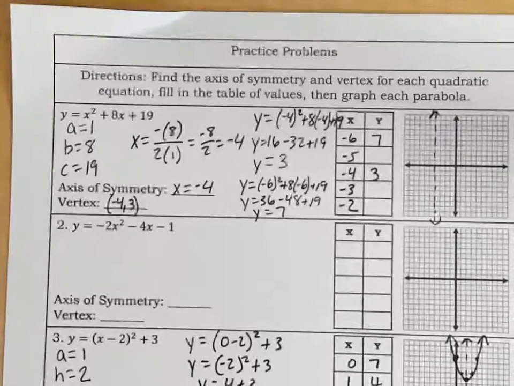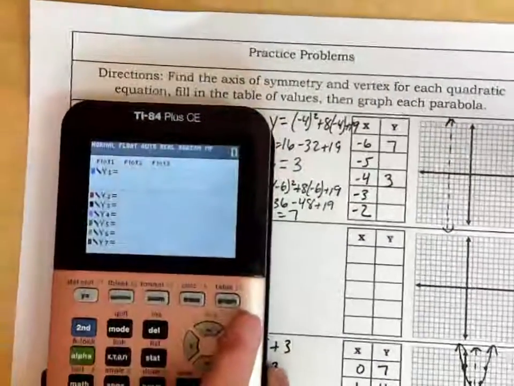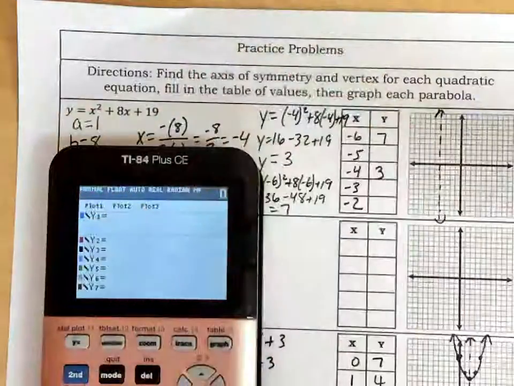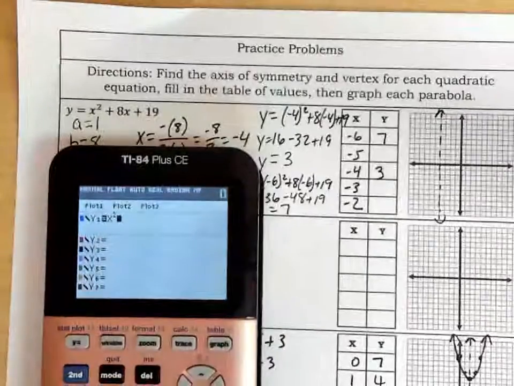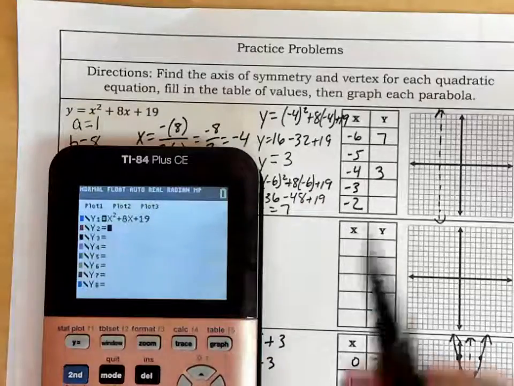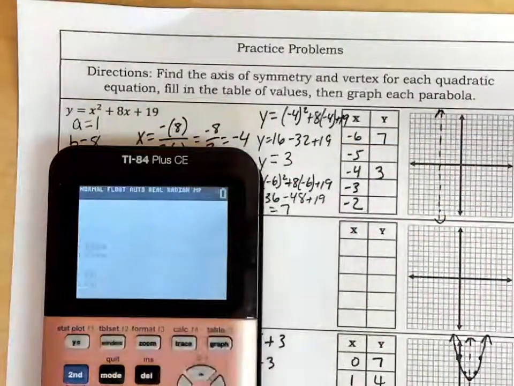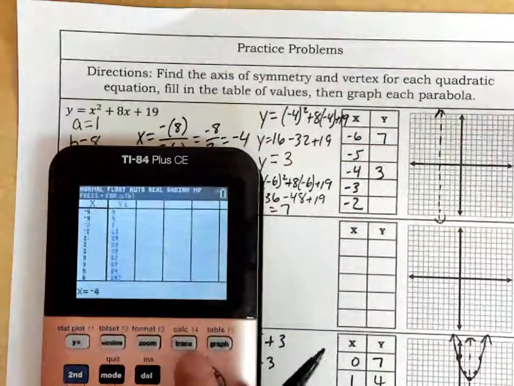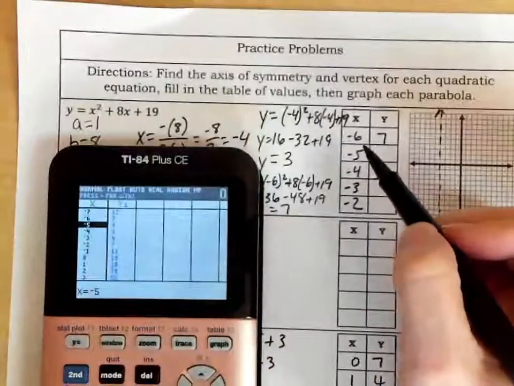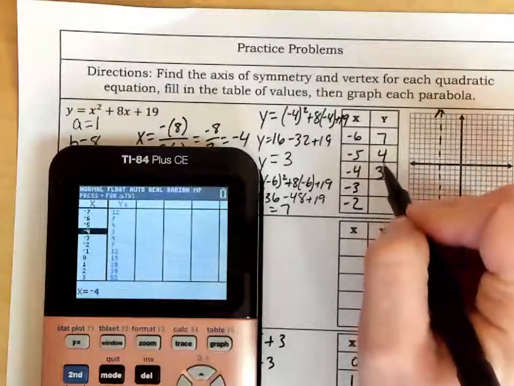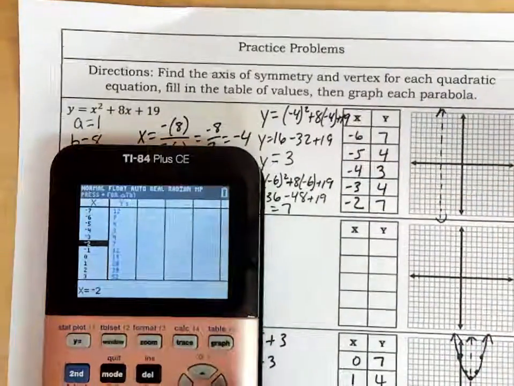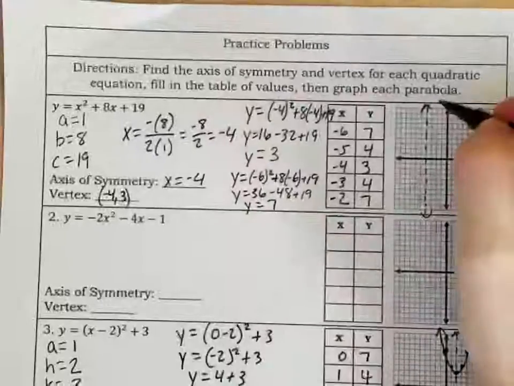The other option is to go into our calculator, do y is equal to, and plug in this original equation. So we're going to do x squared plus 8x plus 19, and we get our table pulled up, and we have these values that we can plug in. So negative 6, 7, and then negative 5, 4, negative 4, 3, negative 3, 4, and negative 2, 7. So I'm going to plot those points.